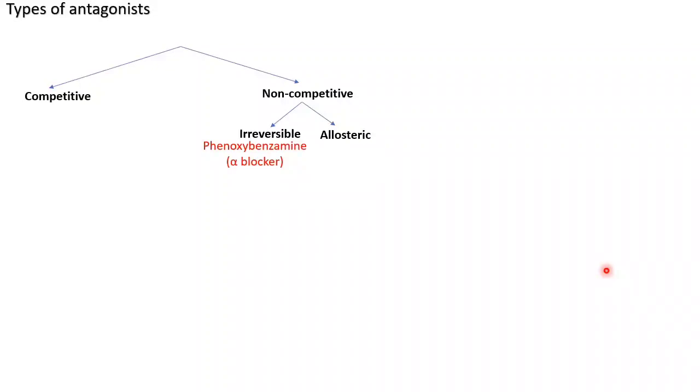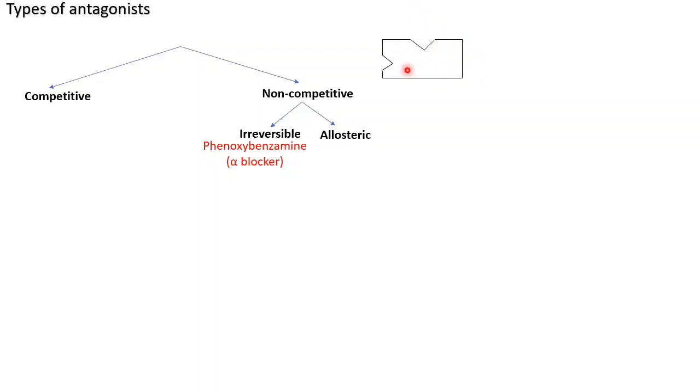So that means that our antagonist binds to a site other than the active site. This is the active site of the receptor to which the agonist binds. Our antagonist doesn't bind here.